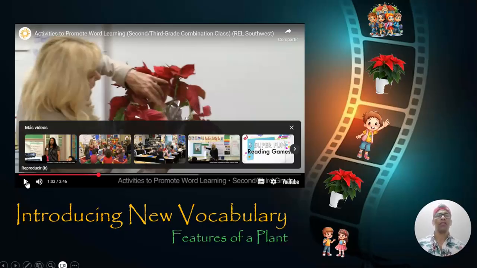At the same time, the teacher is giving feedback, clear feedback right away, like right in the spot, which allows students think a little further about the features of this plant.